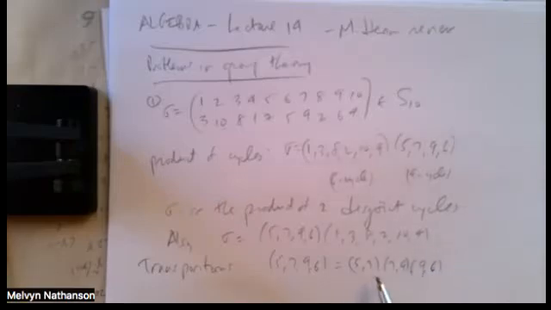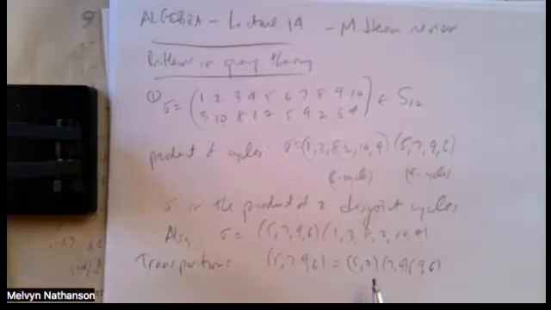So here we have 3 transpositions. This sends 6 to 9, 9 goes to 7, 7 goes back to 5, so 6 ends up at 5.